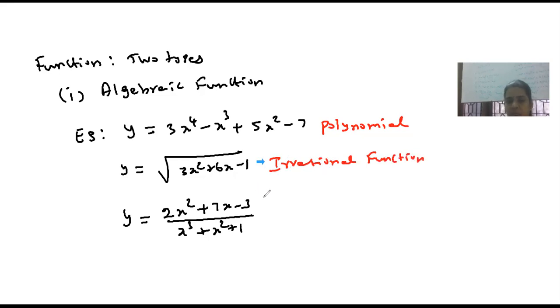And next, this will be called a rational function. Okay, ma? Understand பண்றீங்களா? So types of function la first algebraic function பார்த்திருக்கோம். Next நம்ம பார்க்க போறது transcendental function. Okay, next concept என்னது? Transcendental function.